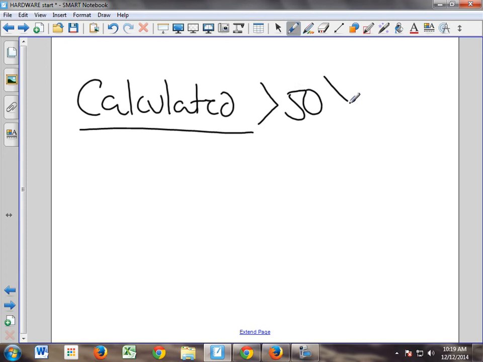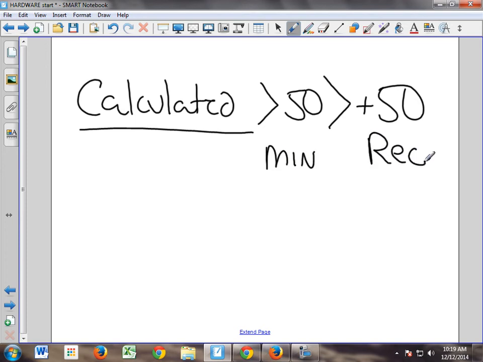And then we add 50 for what we're saying is our recommended. So this is min and recommended, and this is calculated. So if you calculate 298 max, the minimum would be 300, and the recommended would be 350.